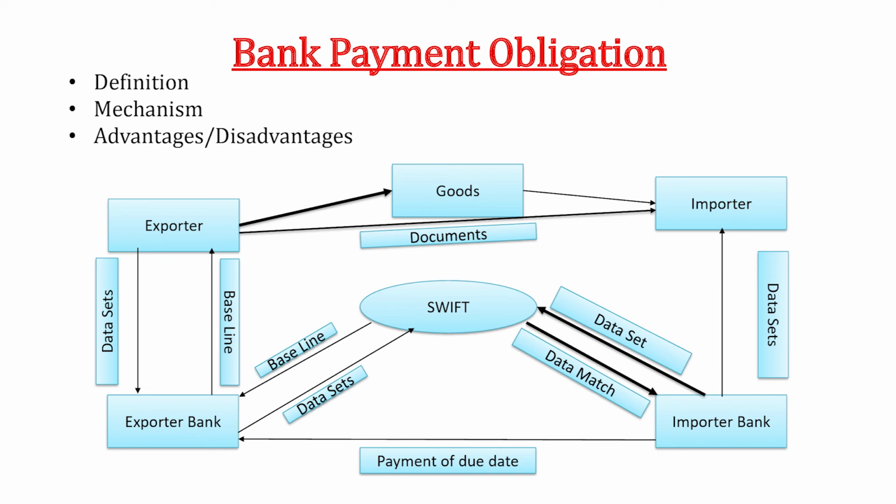This is the beauty of this bank payment obligation method, where for the first time a legal obligation of the importer's bank to make payment to the exporter's bank will be there, provided the data set required by the importer relating to the trade transaction is supplied by the exporter after doing a shipment.